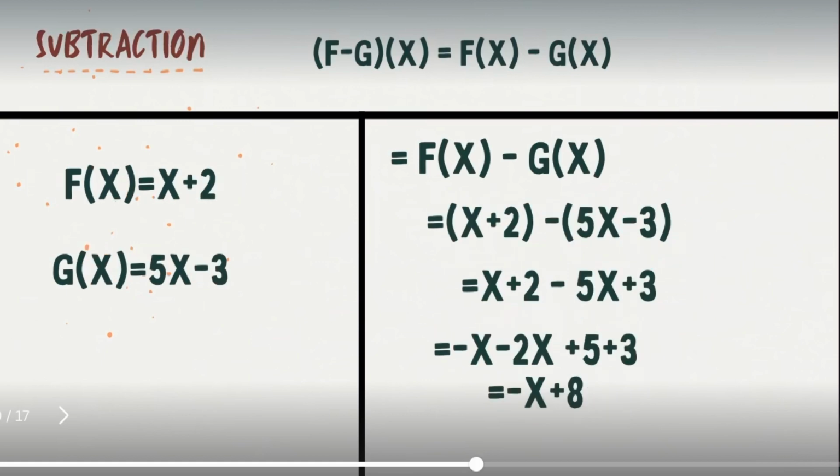Next example, f of x minus g of x. F of x is equal to x plus 2, and then g of x is equal to 5x minus 3. As you can see here, I put an open and close parenthesis at both sides, so it's easier for us to distinguish what number we have to compute, because there are a lot of numbers and a lot of signs.